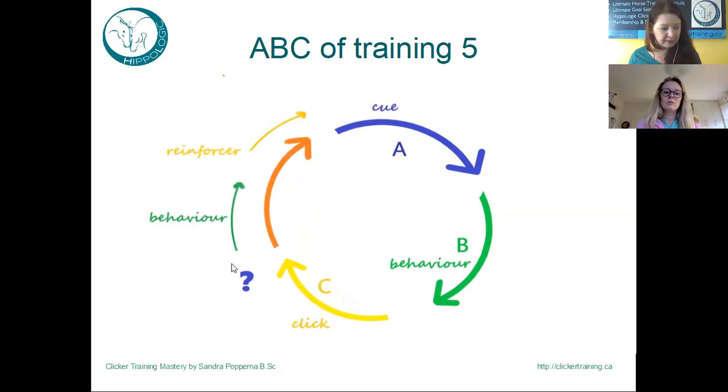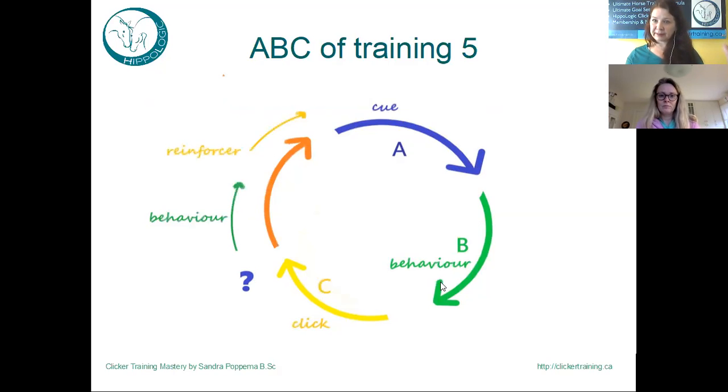And what is happening? Because you see the click becomes the reinforcer for behavior B2. So we have a cue, for instance, touch. The horse touches the target. Then we click. Then the touching ends.